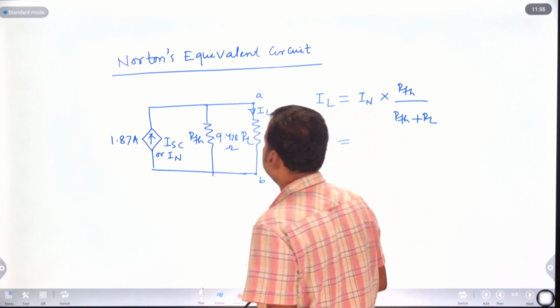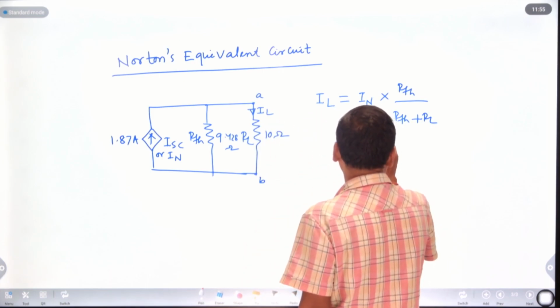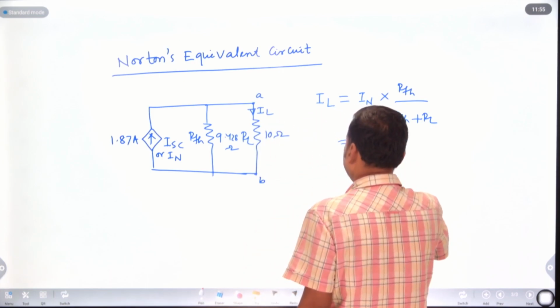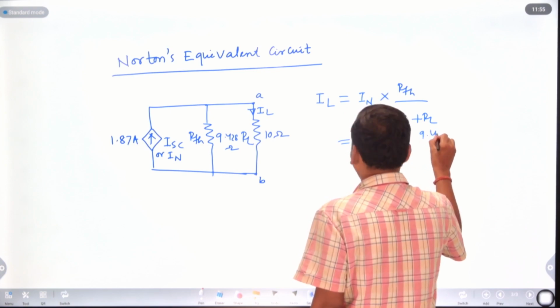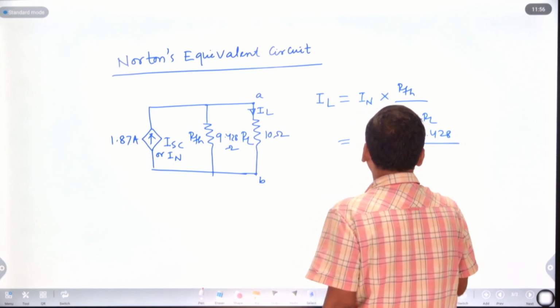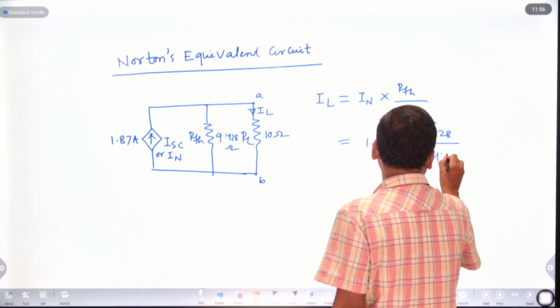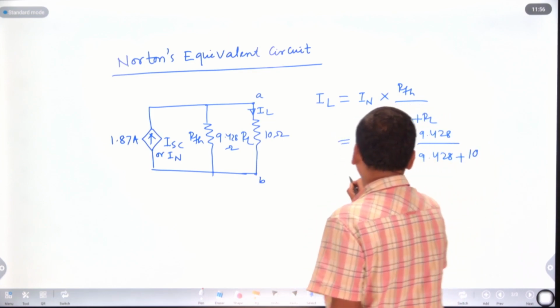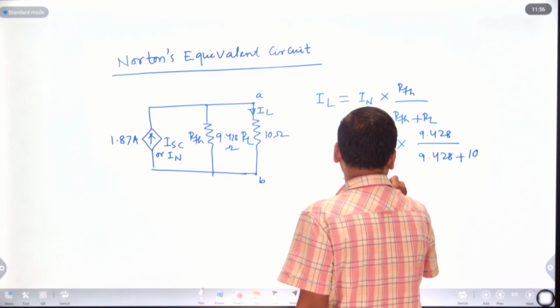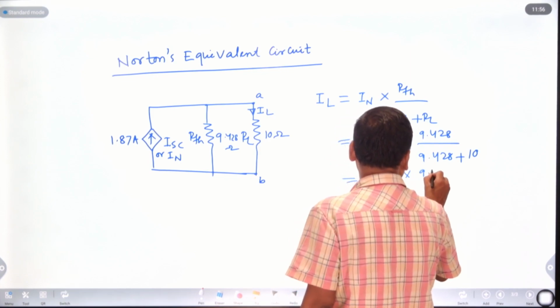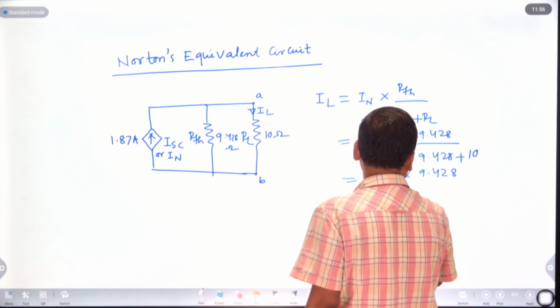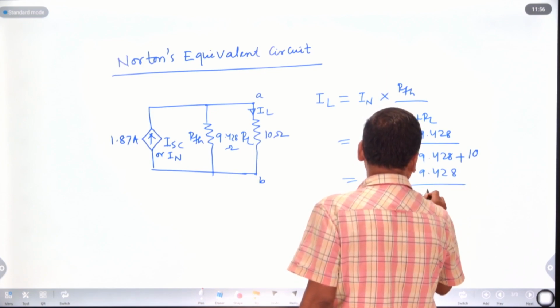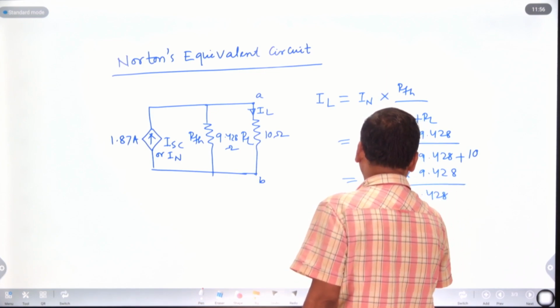So that is 1.87 into 9.428 divided by 9.428 plus 10, which is 19.428.